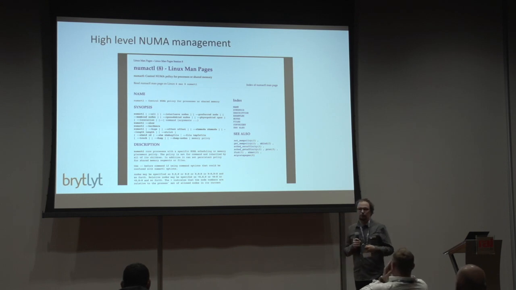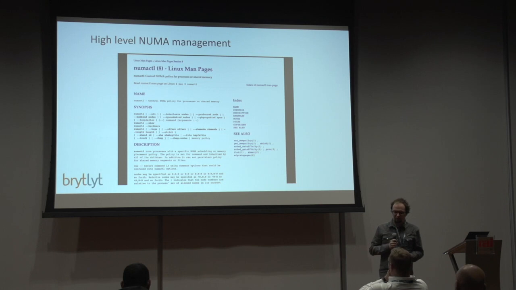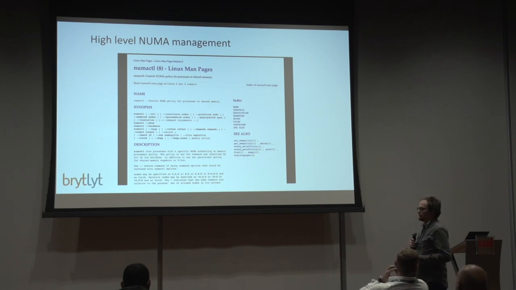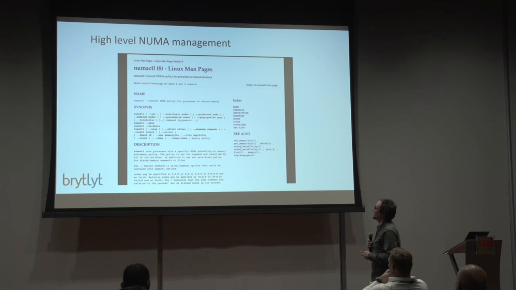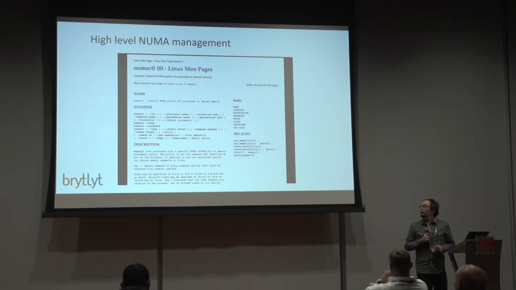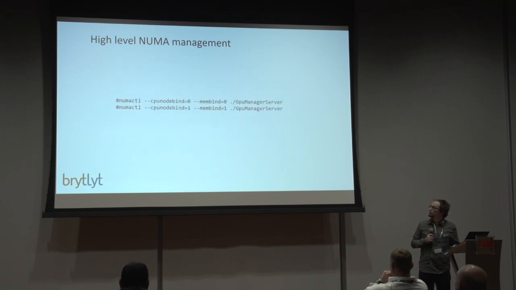One way is to control the process from a higher level, from the level of the operating system. You can just use the numactl command, and I will show an example later. So you can bind a process to a certain NUMA node, and also try to allocate memory in RAM connected to that NUMA node.